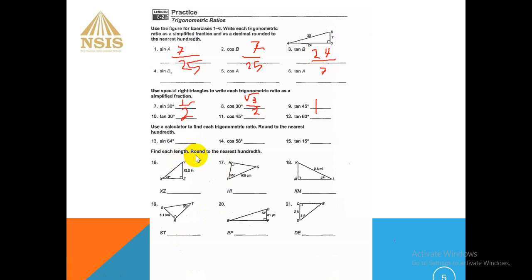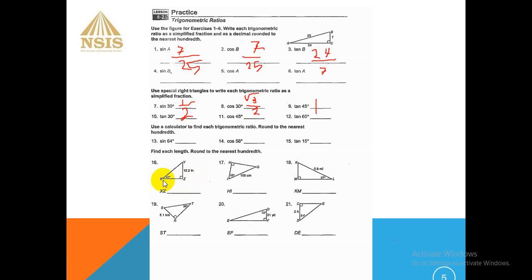Here he's telling you to find each length to the nearest hundredth. Of course, we took this in the last session. You are going to use the trigonometric ratios.